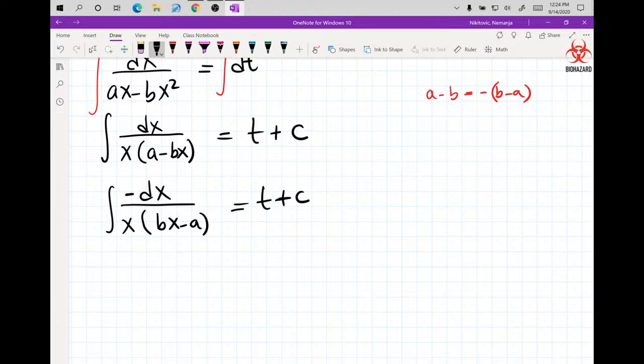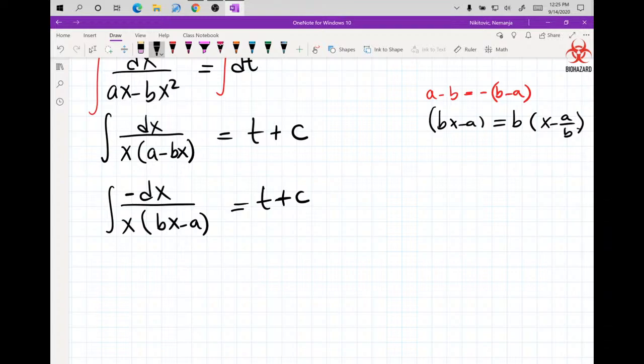So I'm actually going to factor out b, and when I factor out b, if I have bx minus a, I'm left with x minus a over b. So now I can just define a over b as some other letter.